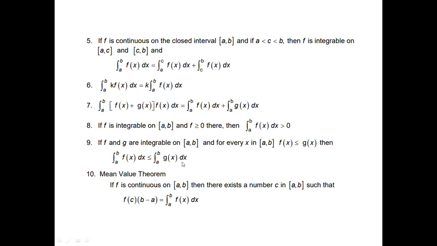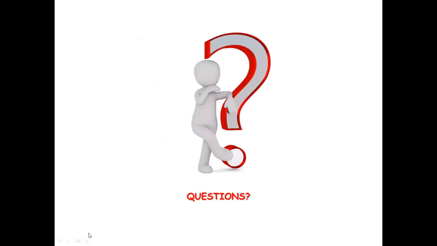It follows that if we integrate them on the same interval, the relationship would still hold true. That's it. That is, it's either also equal to or less than for the two functions. Okay, no more questions, guys.